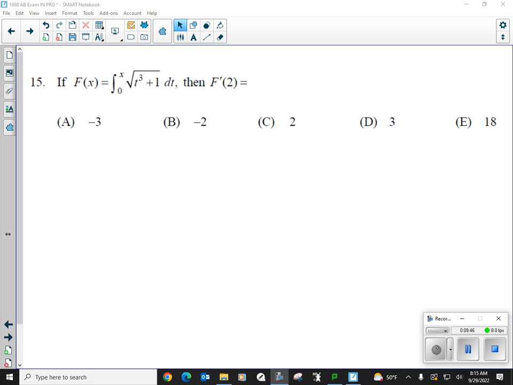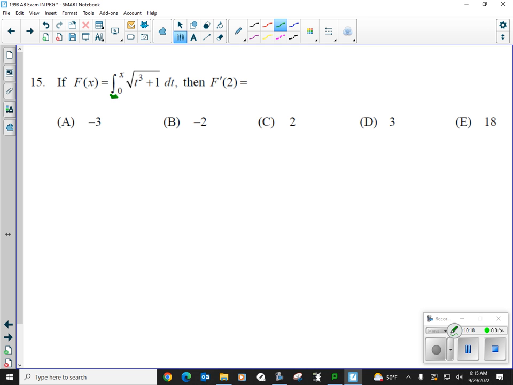I could have sworn that earlier on this test something similar came up. It was not this test. Well, yes, number 5. Number 5 had a similar situation. If you go back to my video for this test, 1998, questions 1 through 10, number 5 had a situation like this, and I said, don't take the derivative of this.